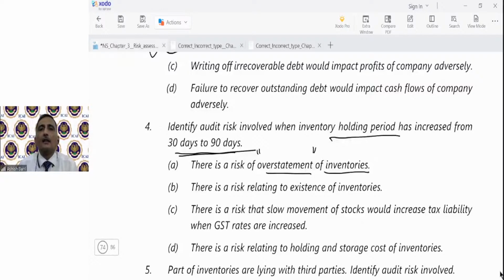Okay, so then it means that I am holding more inventories, and the inventories are not moving as fast as these were moving in the previous year.